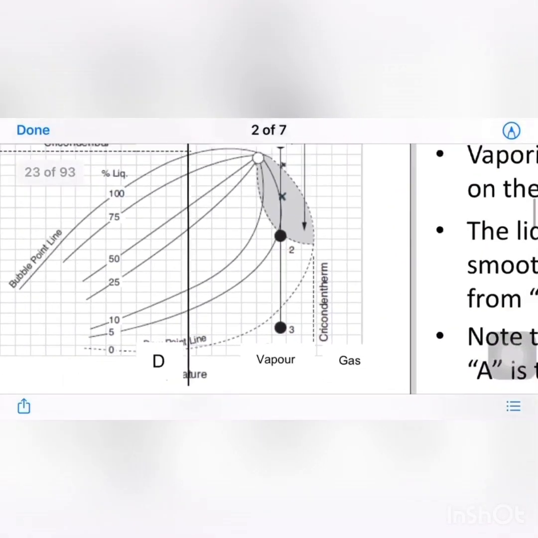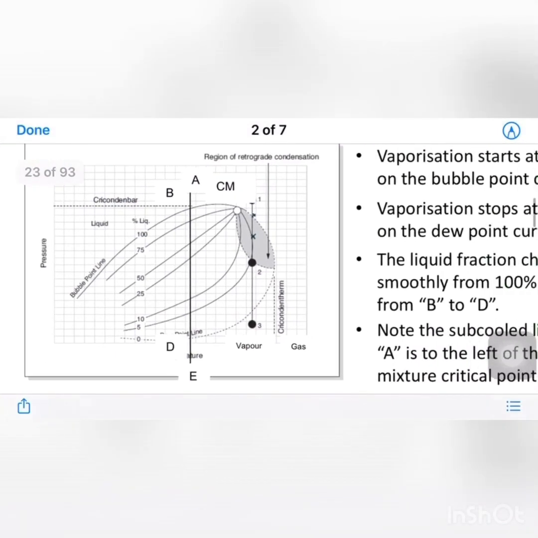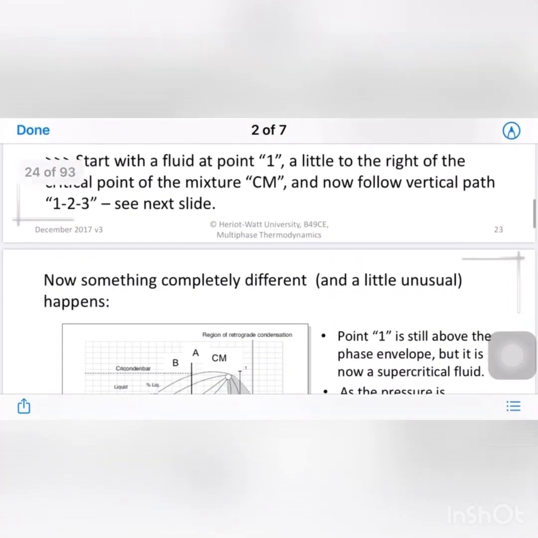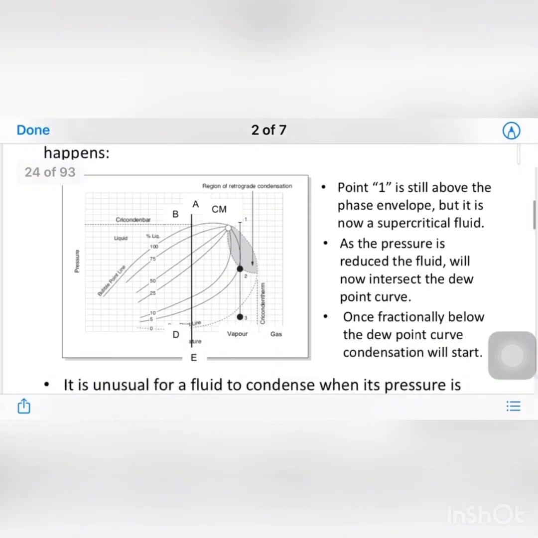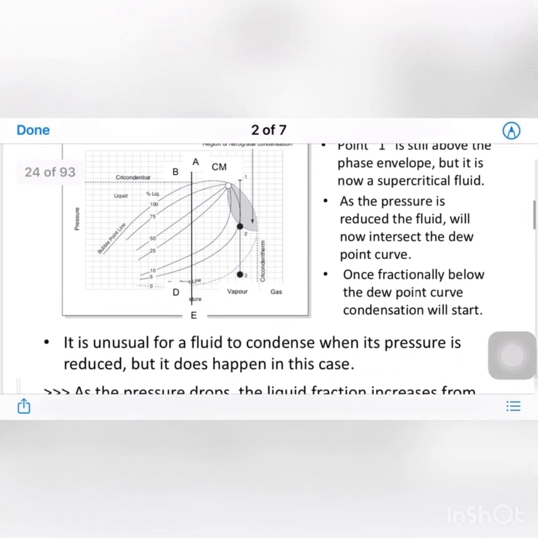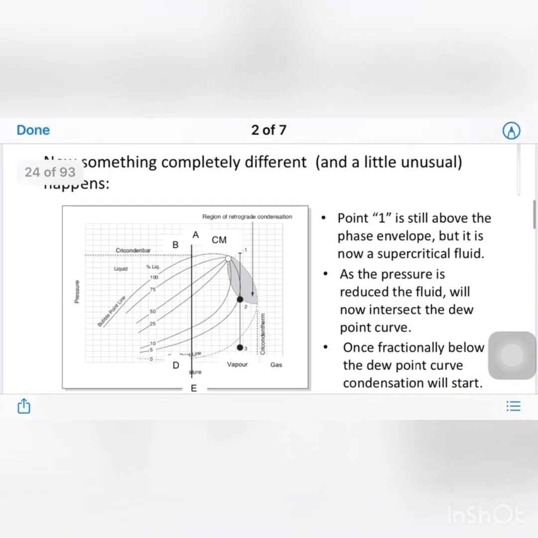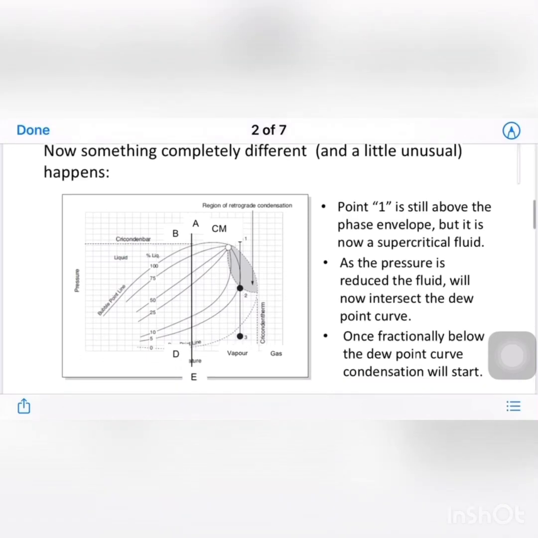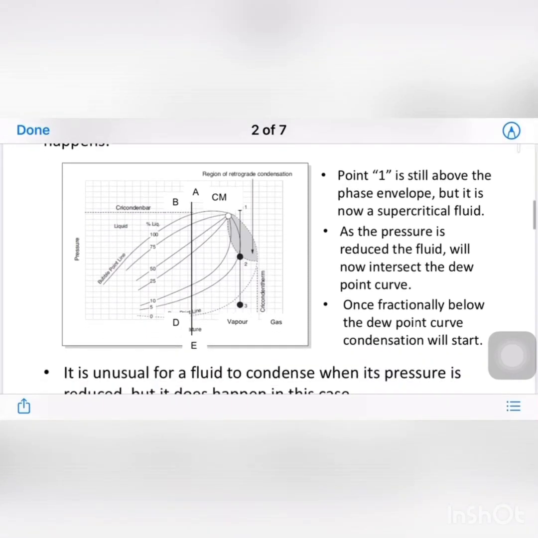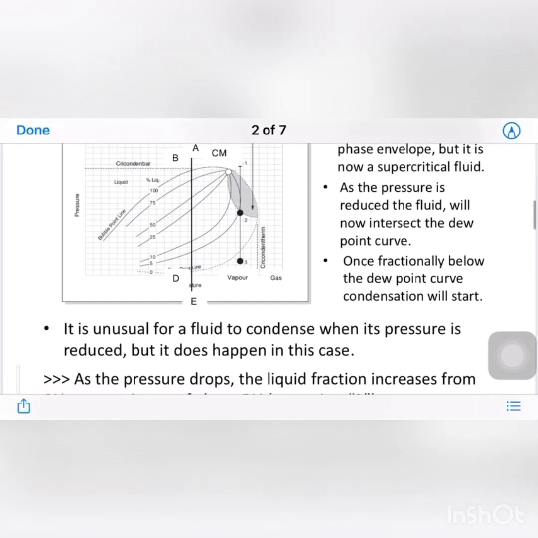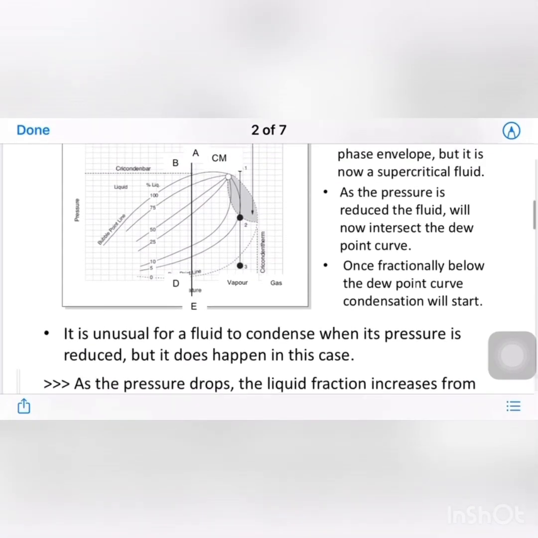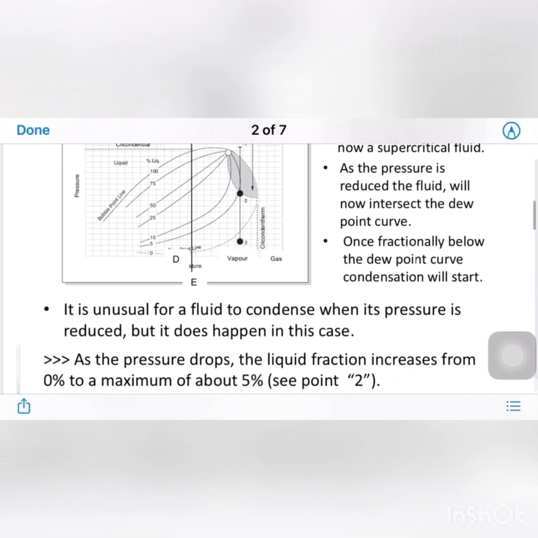We call this phenomenon retrograde condensation. So remember this slide, it's very important. Petroleum engineers know retrograde condensation because it's very useful in reservoir engineering, and I think for chemical engineers, it's the first time to learn this.